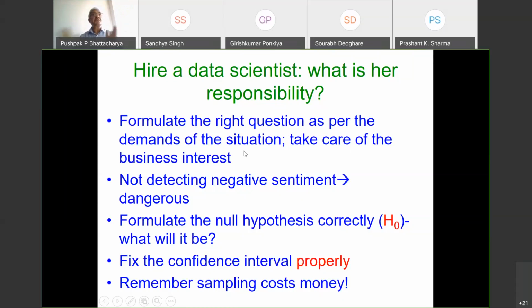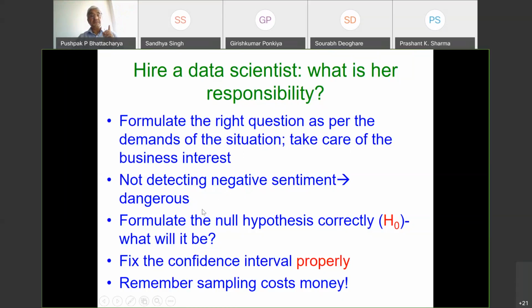The data scientist is not doing programming. She is not a machine learning engineer or NLP researcher. No, she is not doing system building. What she is doing is analyzing data and taking care of the business interest. So she has been told that not detecting the negative sentiment can be quite a risky and dangerous situation.